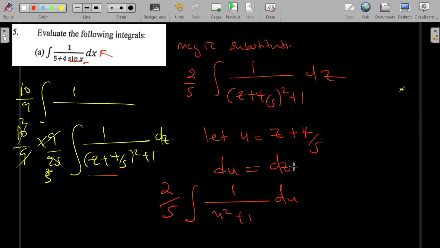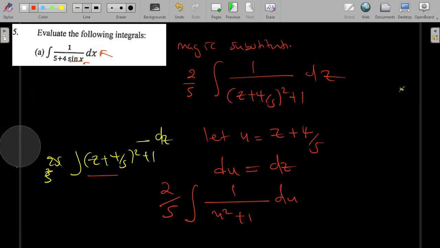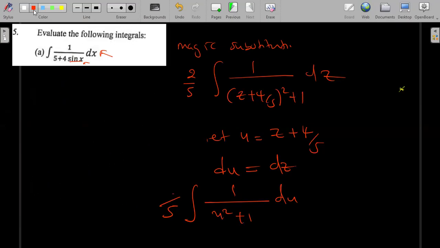This then is going to leave me with, so when I integrate this, I just get tan inverse of u. So I get tan inverse of u when I integrate that. So this is a 2, so I just get 2 over 5 like this. Then I have tan inverse of u plus my c.